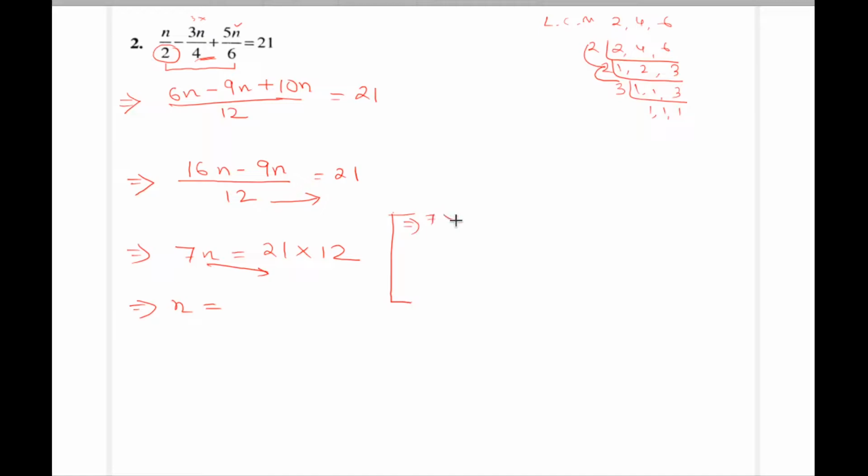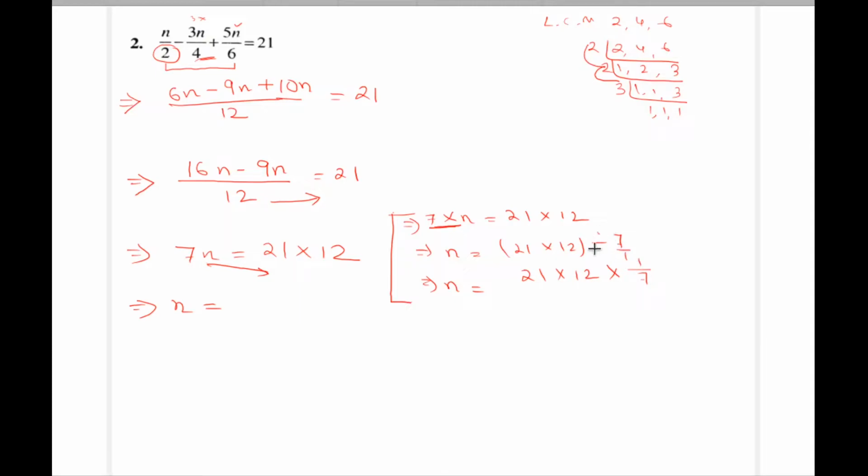This can be written as 7 multiplied by n equals to 21 multiplied by 12. So this is multiplication of 7, that means when we take it to the other side, it will become division, as we have done in earlier exercises also. So how to divide it? 21 multiplied by 12 multiplied by 1/7, as 7 can be written as 7/1.